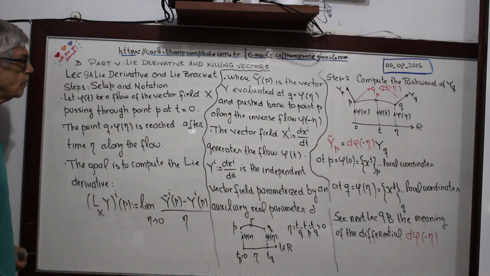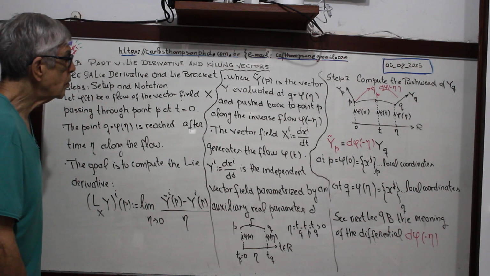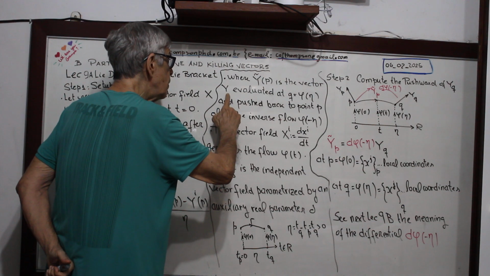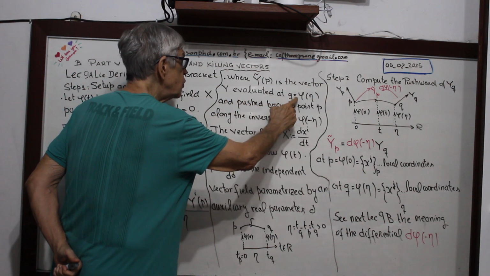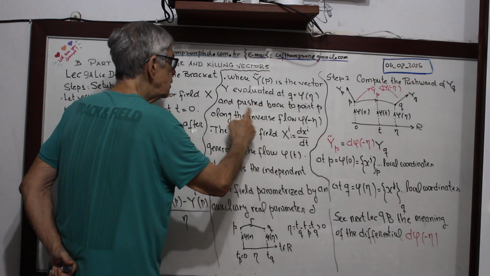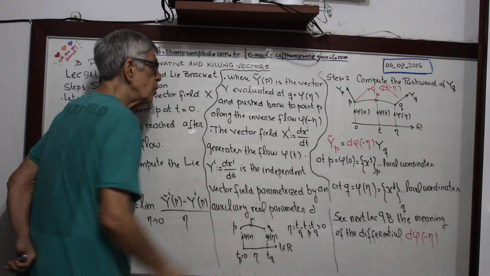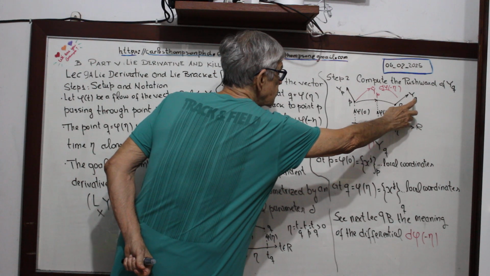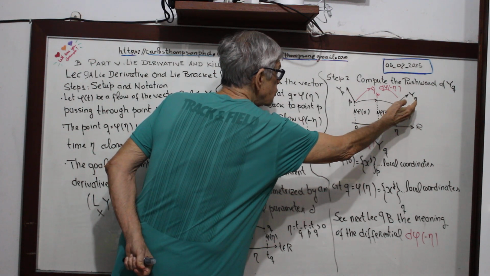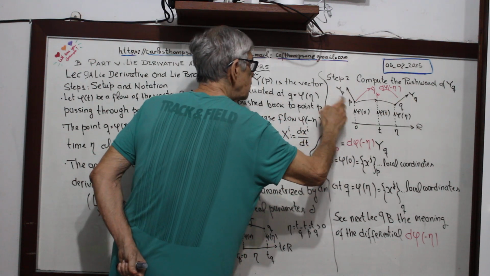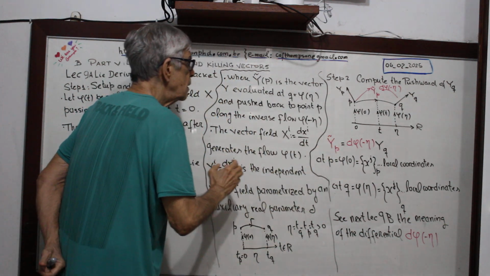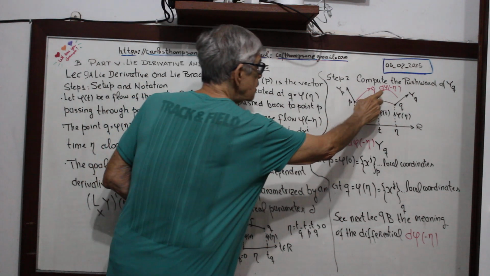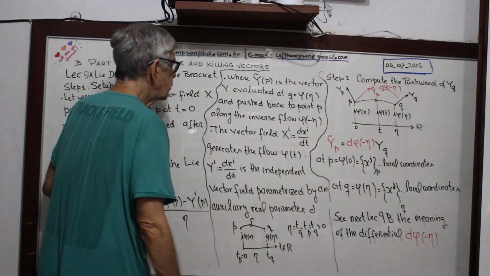Now, Y tilde of P is the vector Y evaluated at Q and pushed back to point P. This is denoted as Y tilde, the red one.